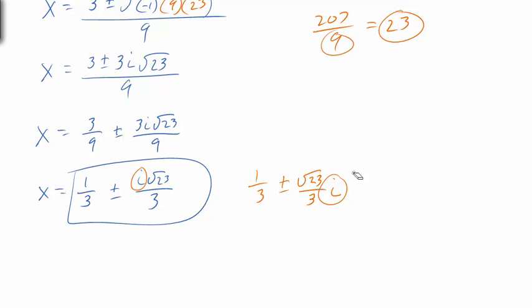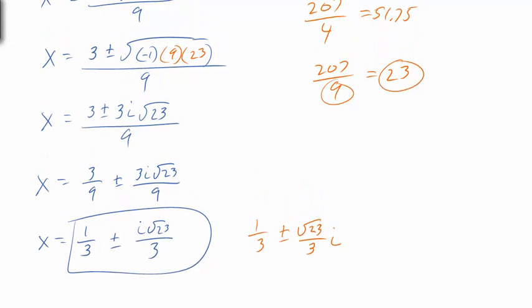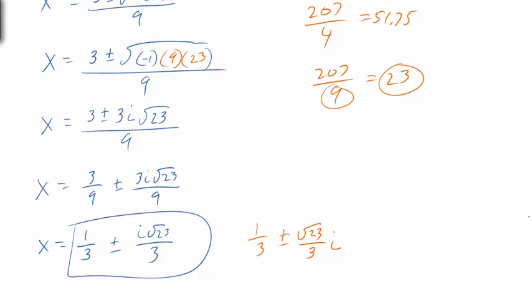But keep in mind on your quizzes or on your test with the multiple choice answer, this i may be written instead of on the front of the square root, it may be written on the outside. So keep in mind as you find the complex zeros, realize that you're always going to have two of them and they're going to occur as conjugate pairs.